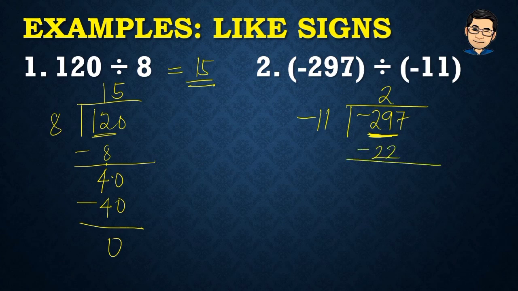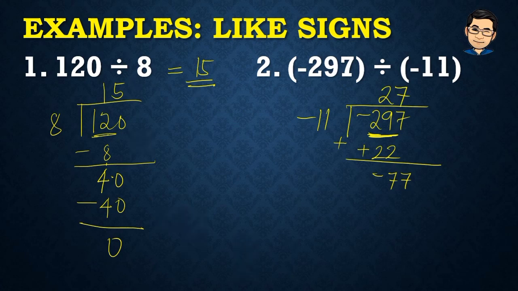And then we subtract. So ang mangyayari dito, ang negative 22 magiging positive, and then yung subtraction magiging plus. So, negative 29 plus 22 magiging negative 7. And then bring down 7. So, negative 77 divided by negative 11, that is positive 7.